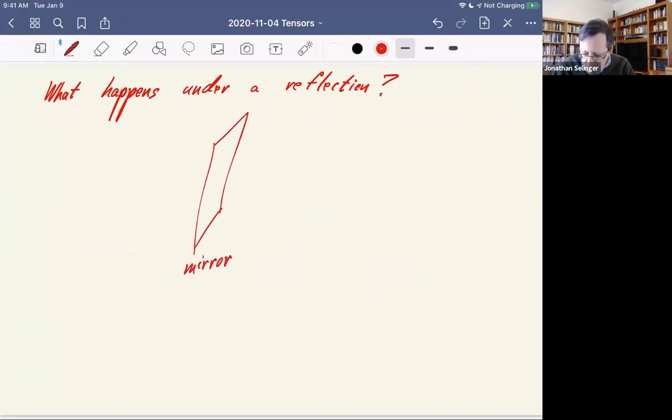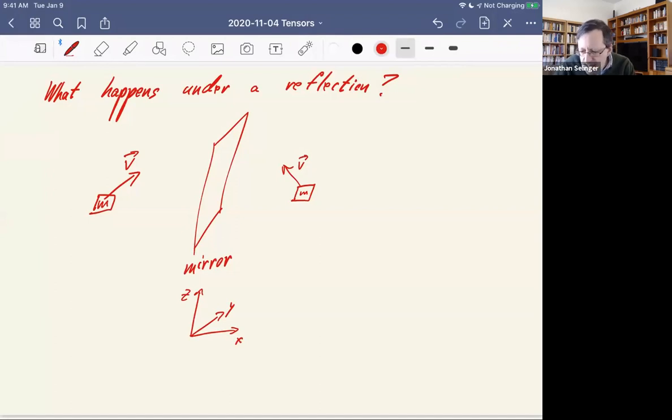And so here we see some physical system, like there's a mass moving with some velocity. Okay. Then if we look in the mirror, it looks like the mass is moving with a velocity like that. Okay. So the mirror is changing the x component of the velocity, but it's not changing the y or z components.